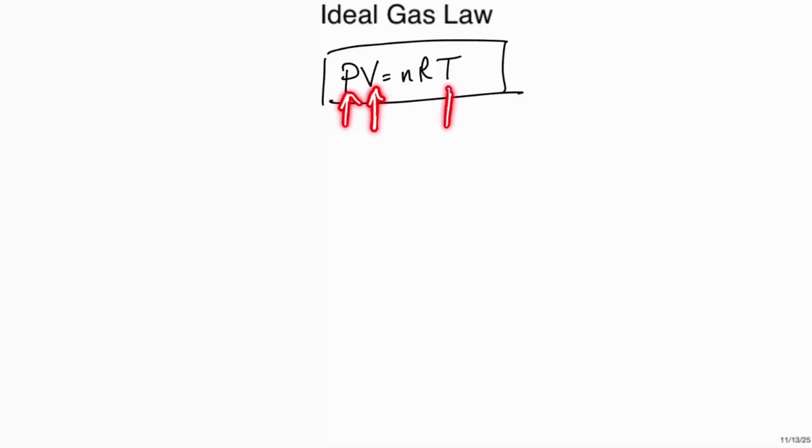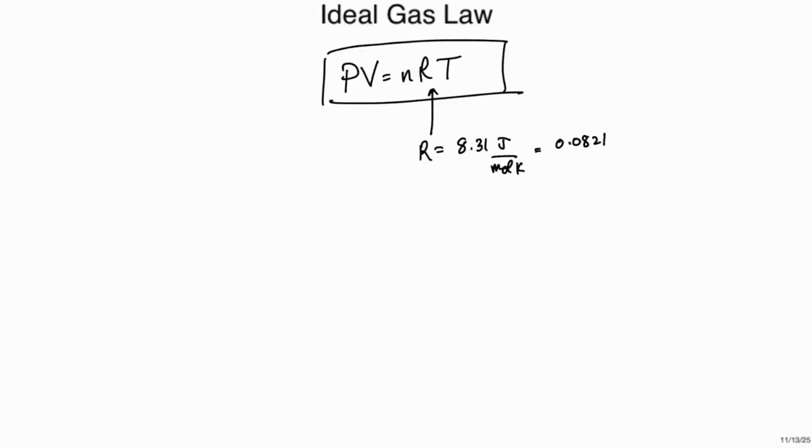Volume, pressure, temperature, right? The n times the R is typically a constant, okay? The R is definitely a constant, okay? It's called the gas constant. You are going to hate life because in physics, this is 8.31 joules per mole Kelvin. In chemistry, I did this one for you.